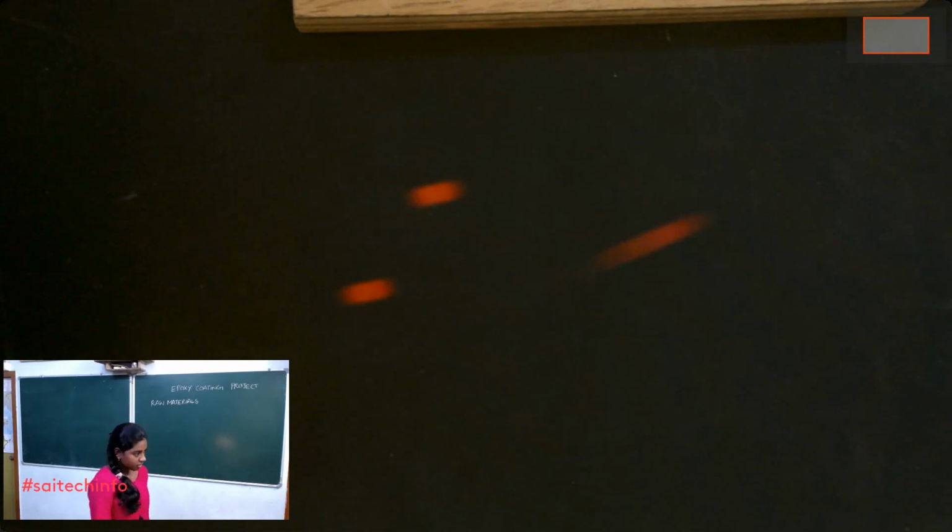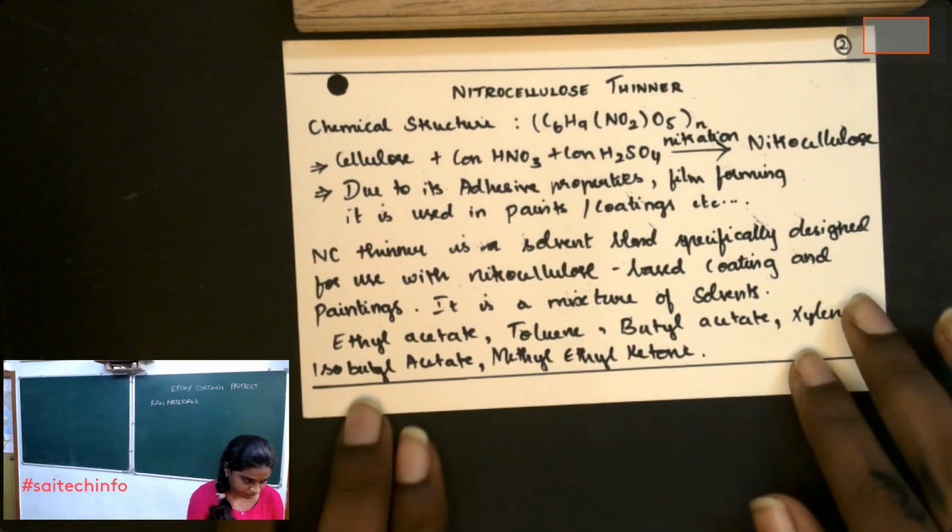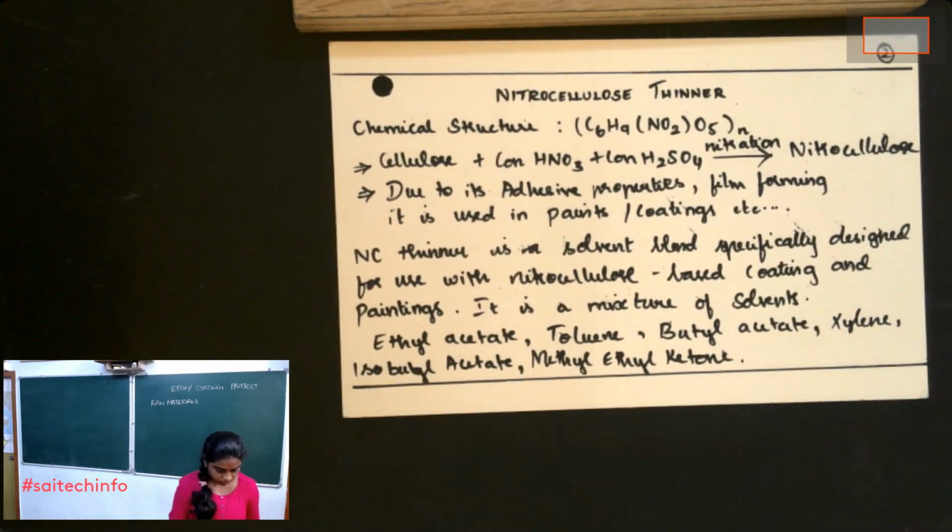Good. Now take that NC thinner. See, you talked about the NC thinner, but you are explaining about the nitrocellulose, is it not? The nitrocellulose is a resin. NC thinner has nothing to do with the resin.